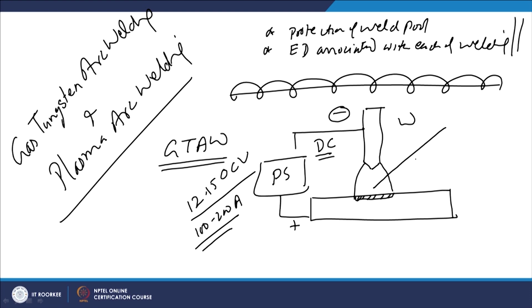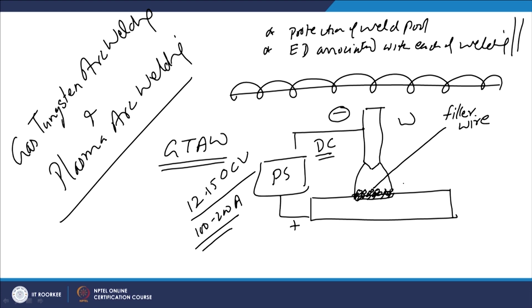The electrode or filler wire is fed into the arc zone so that after melting it gets deposited over the surface, mixes with the molten substrate material, and forms a layer of modified composition in the form of a bead on plate weld.